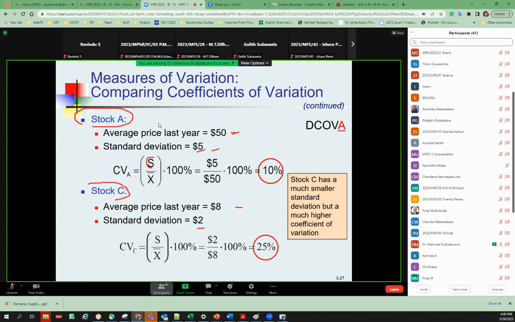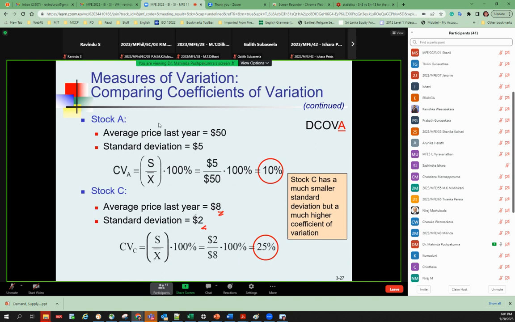Then another example, let's say stock C, average is 8, standard deviation is 2.